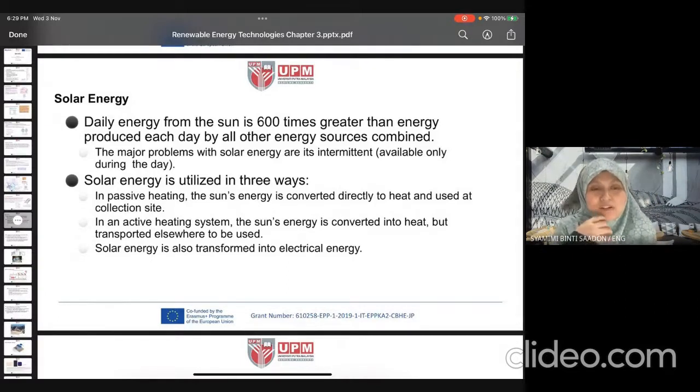For example, in Malaysia, we receive the energy source from the sun equally each day, because we don't have 4 seasons like in other countries. So we have 12 hours of direct sun, and another 12 hours without.